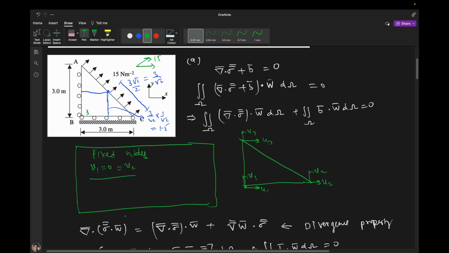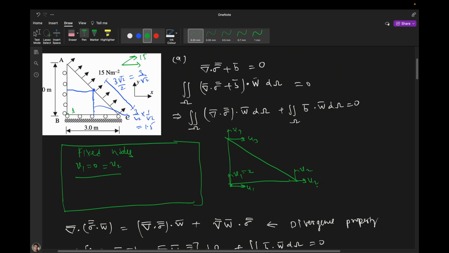So what will be the fixed nodes? 1, 2, 3 and 4, which means that the fixed nodes are 2 and 4, alpha 2 and alpha 4 equal to 0.